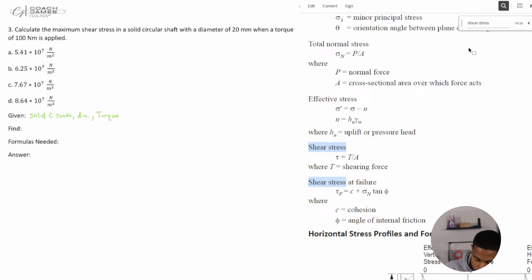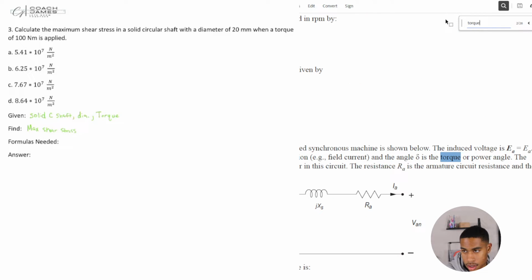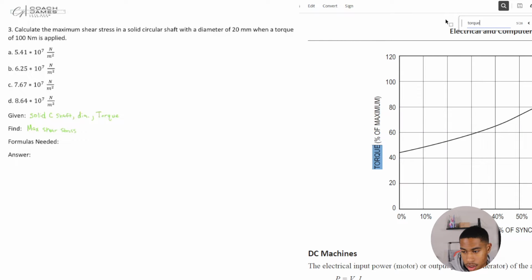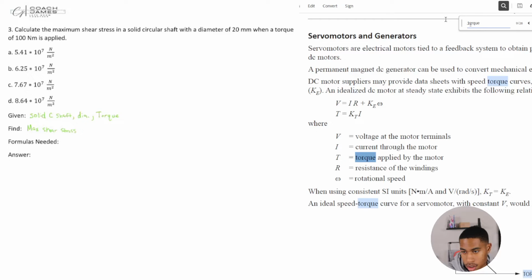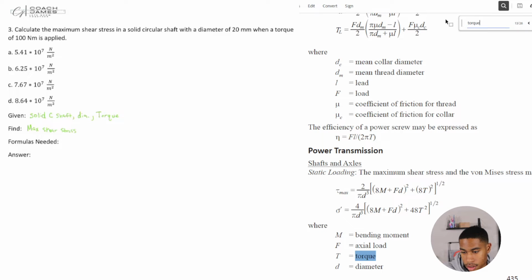I'm trying to find the max shear stress. Okay. So how do I get the max shear stress? Well, I know that torque, I may need torque. So I'm going to search torque. Maybe not.